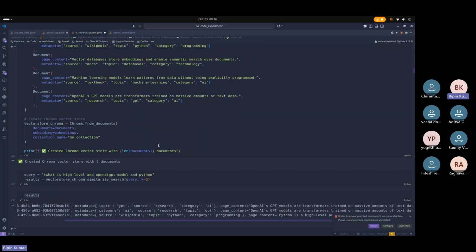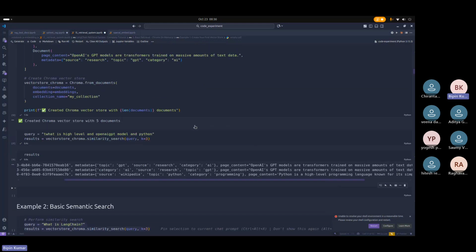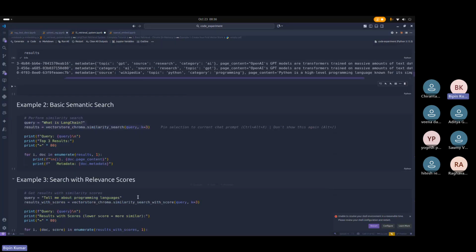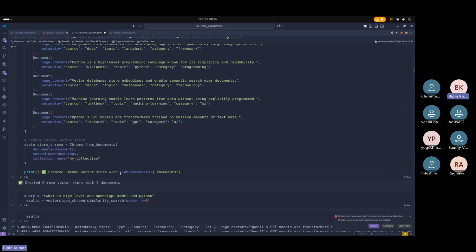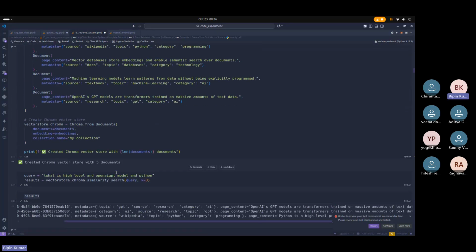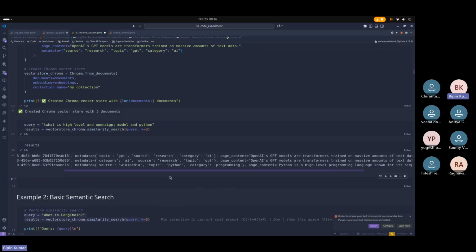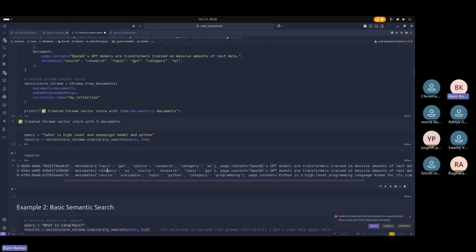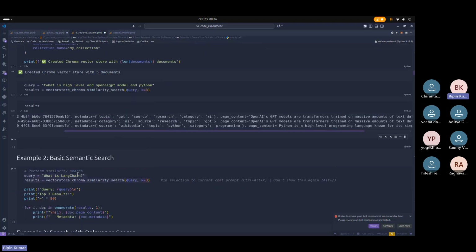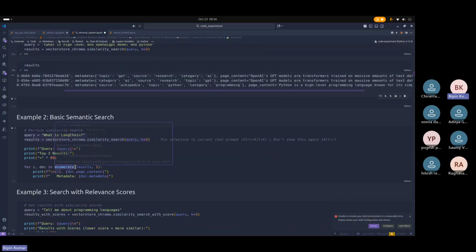So it gives the answer based on what you are asking. So this we call a semantic search. You are asking something and it answers based on semantic meaning.